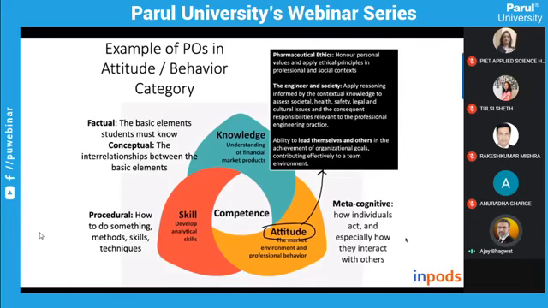Are they good communicators? Can they estimate the things? Can they plan the things? Can they manage a project? Right? Such things are known and understood by them through some of the activities that are designed in using the current courses. So your attitude level POs may not be delivered by a different course itself per se, but it's there.